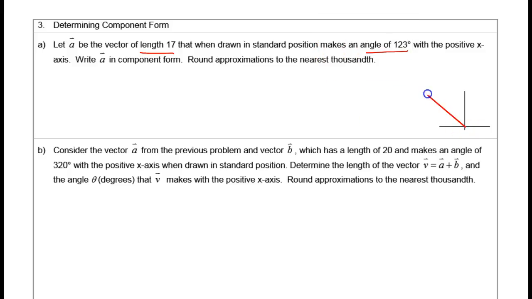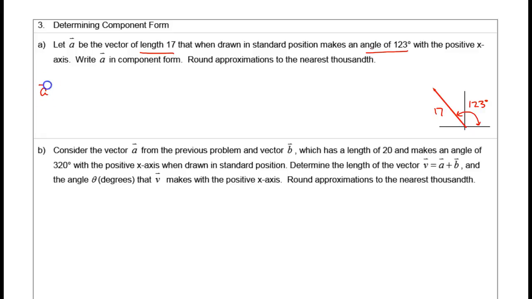So it's going to be up here somewhere in quadrant 2, and it has a length of 17, and the angle that it makes with the positive x-axis is 123 degrees. Now I'm drawing you that picture just because I think it's important to have an understanding of what the vector looks like, but determining its component form is really pretty easy.